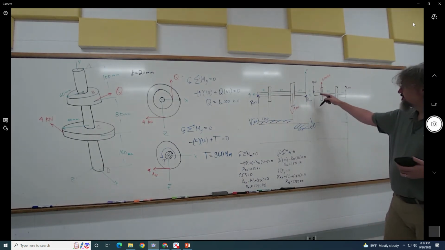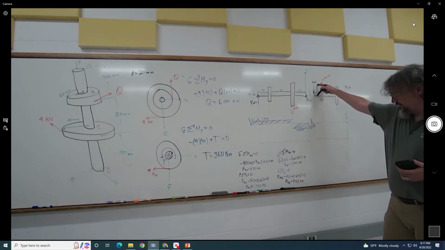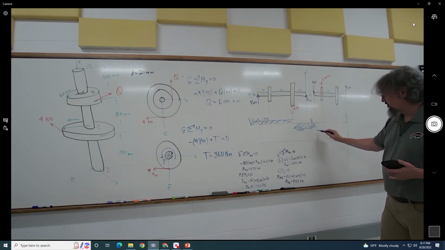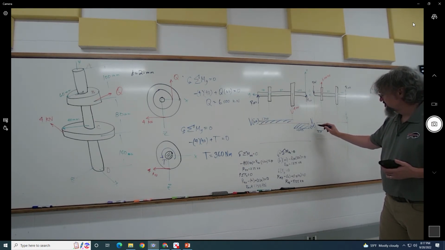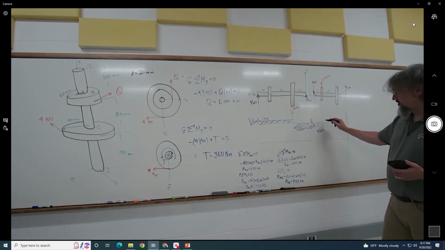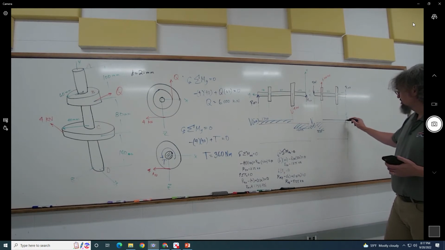Over here, this RAZ, he's much bigger. And he is in the positive Z, so he's 4.125 kilonewtons. He comes up, and then this is relatively smaller compared to him.